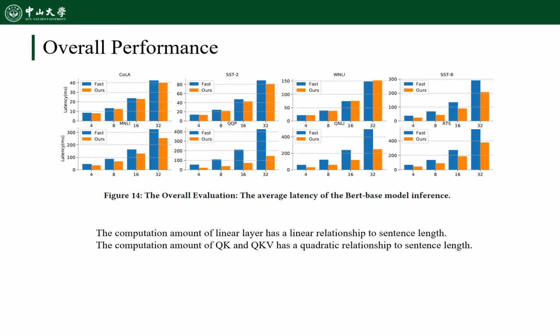But since there is computation of linear layers, and the linear layers are not optimized, the speedup looks less. The computation amount of linear layers has a linear relationship to sentence length, and the computation amount of QK and QKV has a quadratic relationship to sentence length.